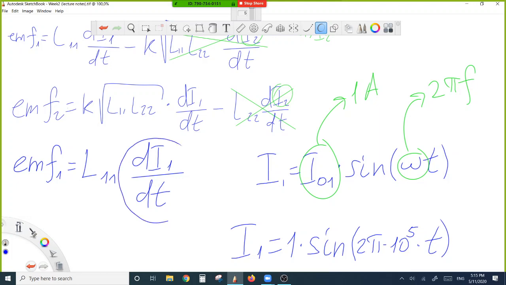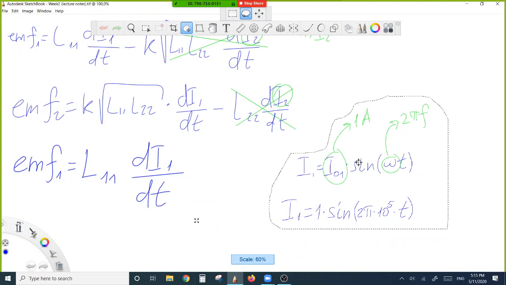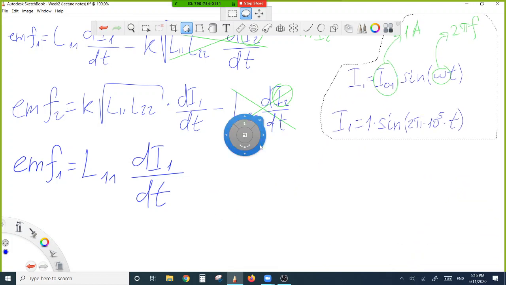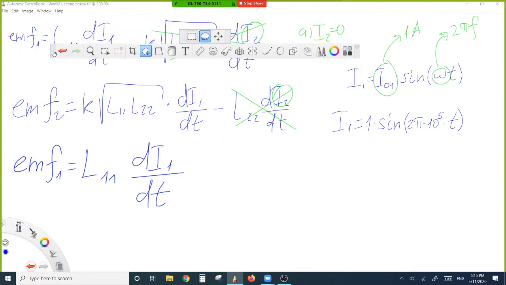Now, here we need the derivative of I1, so let's compute it. What is the derivative of I1?